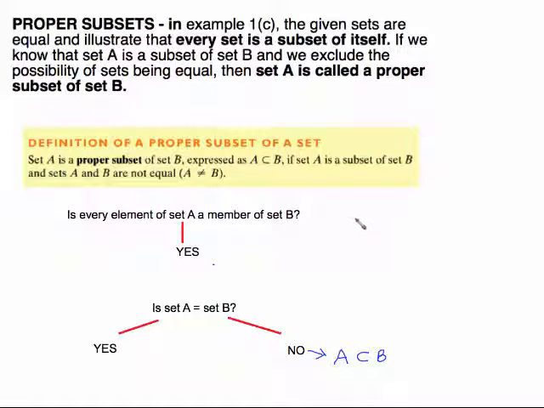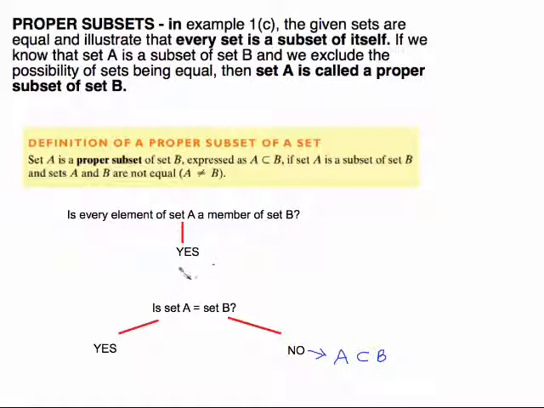Before you can answer if a set is a proper subset, you've got to ask, is it a subset? So to be a subset, we know that every element of set A must be a member of set B. So you ask yourself, is every element of set A a member of set B?